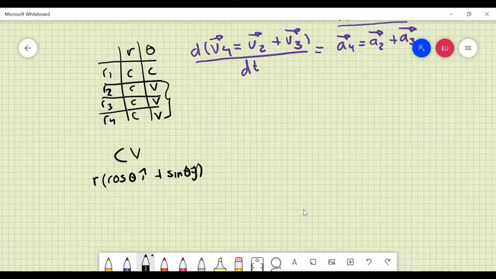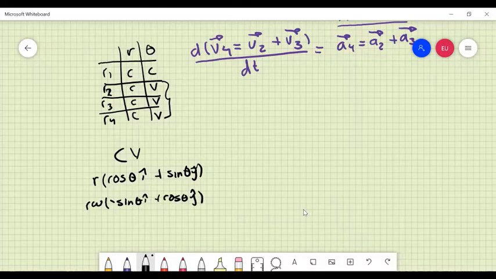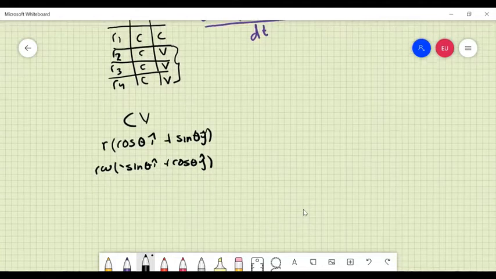Can any of you remind me what the velocity vector is equal to and the acceleration vector is equal to? The velocity is r omega times minus sine theta i plus cosine theta j. Okay, that was Majo. Yes.